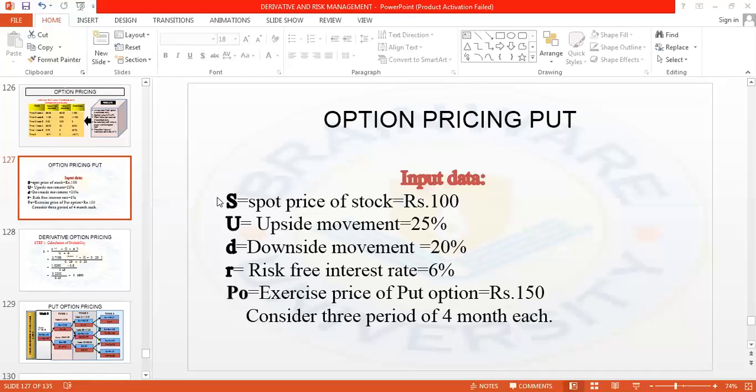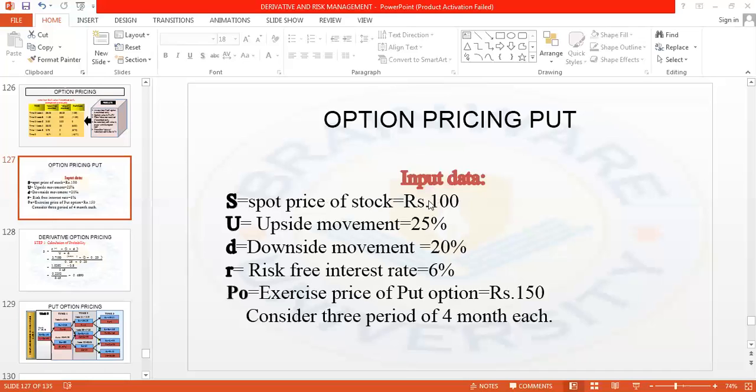The first data is S, the spot price of the stock. That means the put option's underlying asset is the equity, and a put option is the right to sell. So the buyer of a put option can sell the equity share at the exercise price given in the put option.